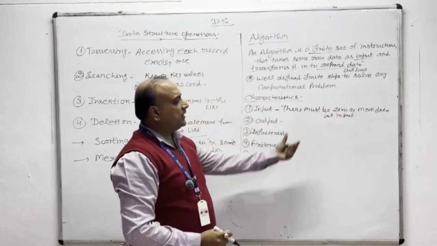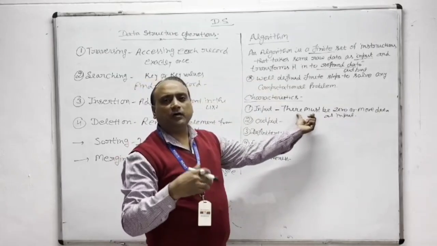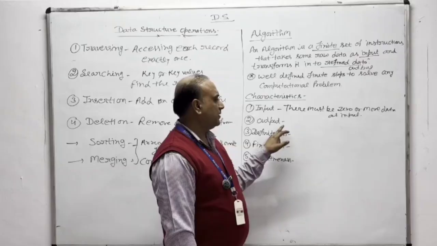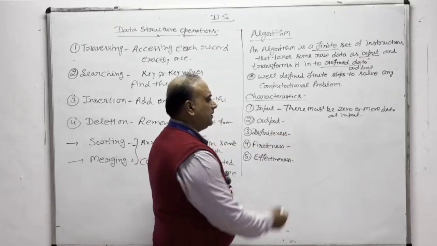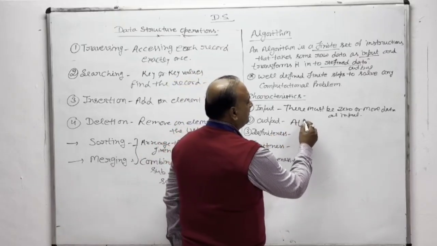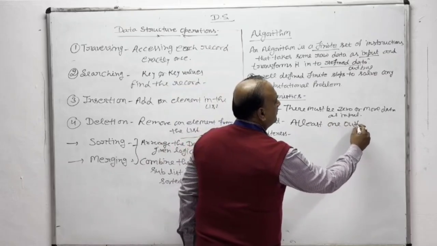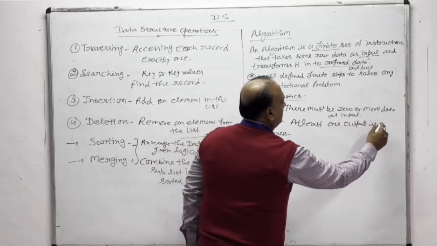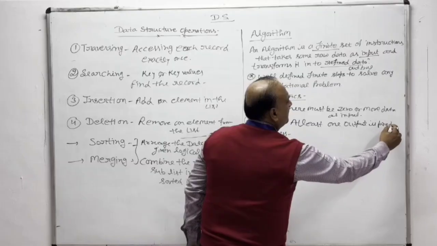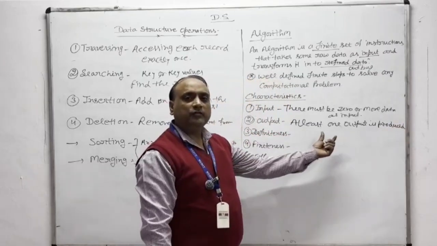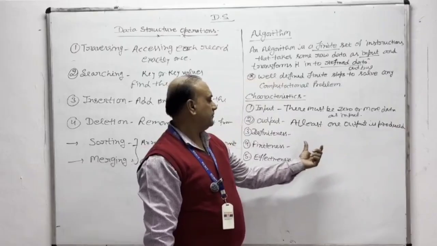When we use zero data, the algorithm can only check a condition. Second is output. At least one output is produced, meaning an algorithm can definitely produce at least one output.